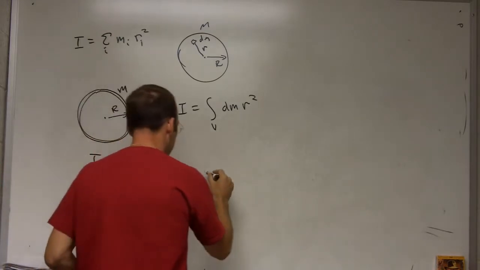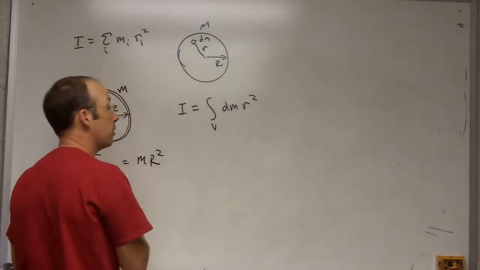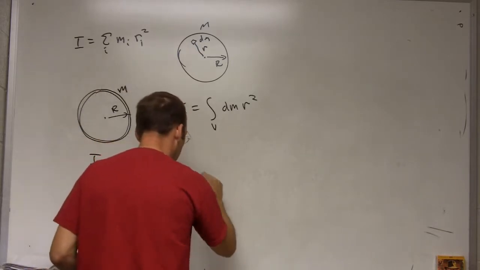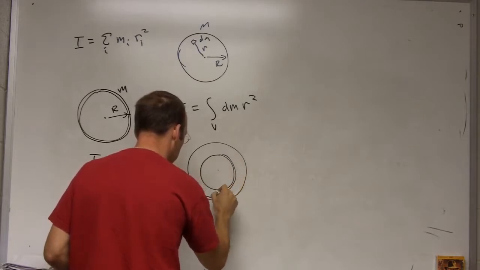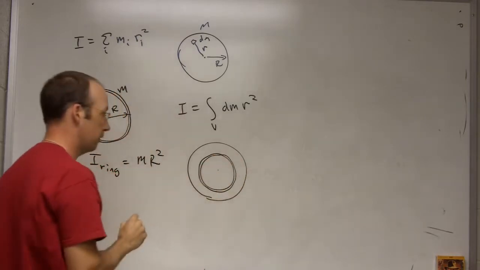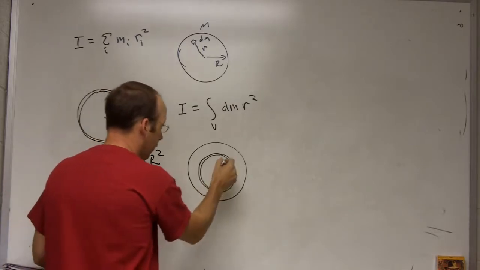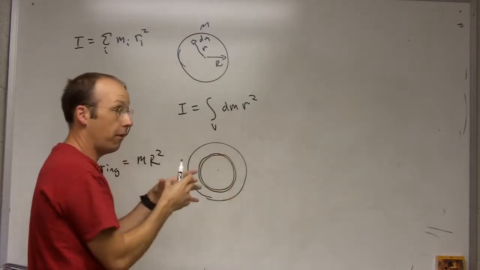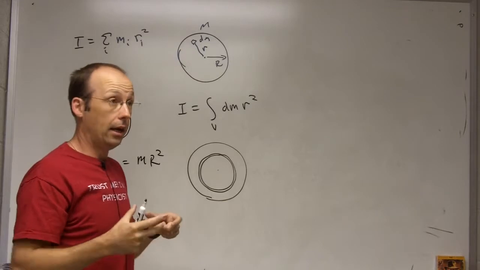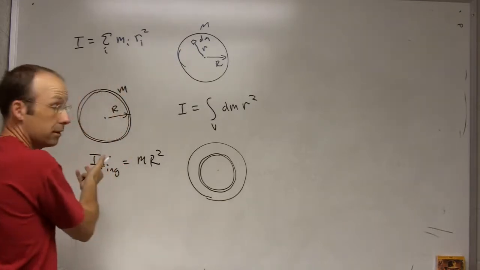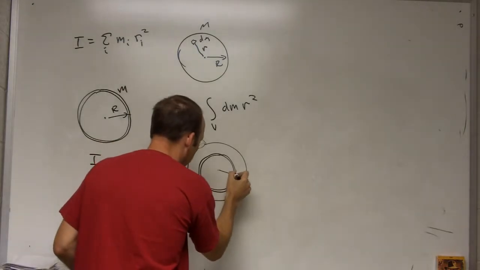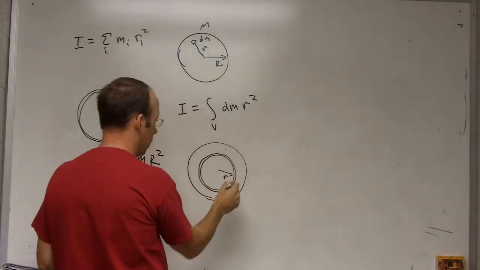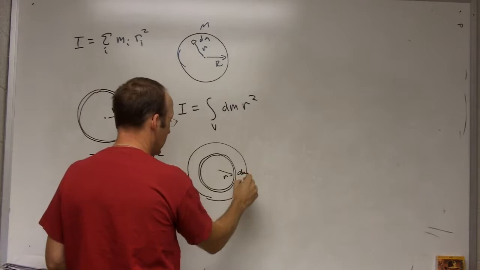I don't have to break it up into pieces like that. What if I take my disk and I break it into rings? Like that. Now this disk is a sum of a whole bunch of rings, and I know the moment of inertia for a ring. So this is a ring of radius lowercase r. It has a mass of dm.